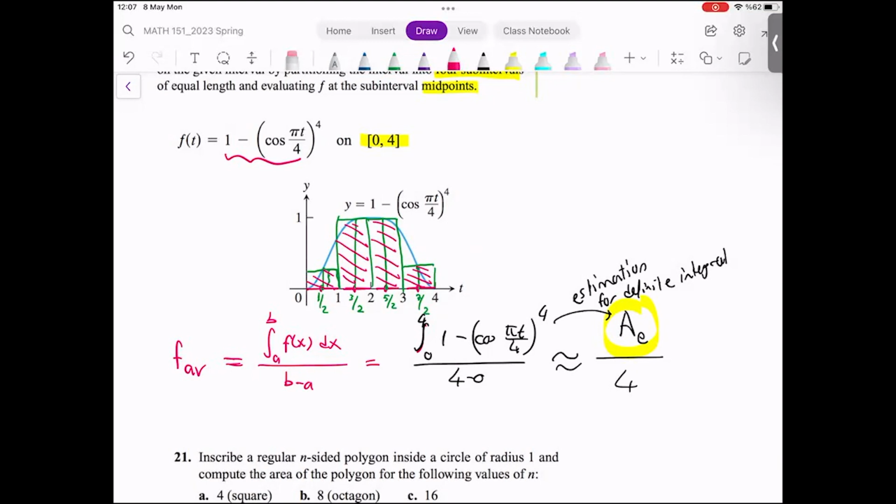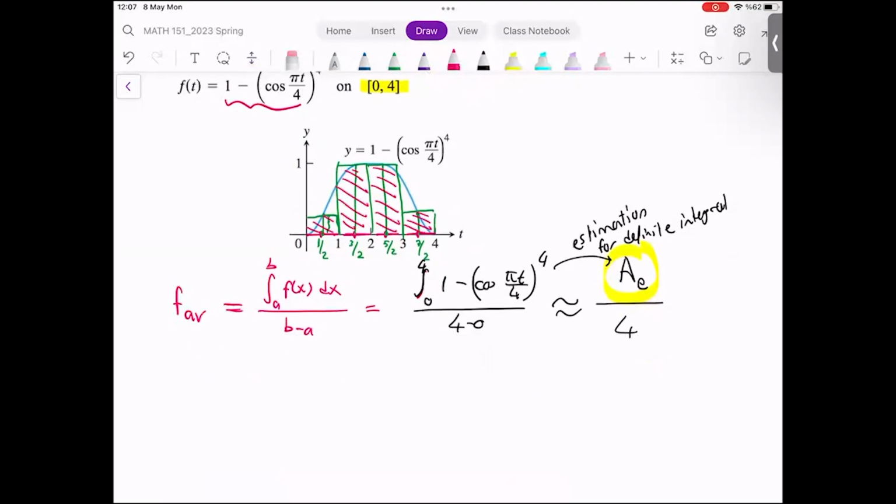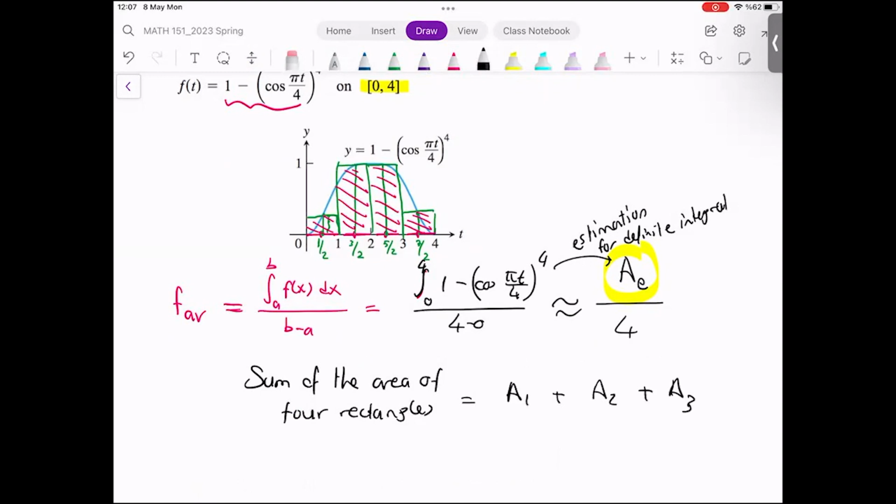Okay, so let's do that. So sum of the areas of four rectangles that we draw there. Okay, let's say A1, A2, we have four rectangles, A3, A4. And if I find this sum, it will give us an estimation for the exact area under the curve, right?